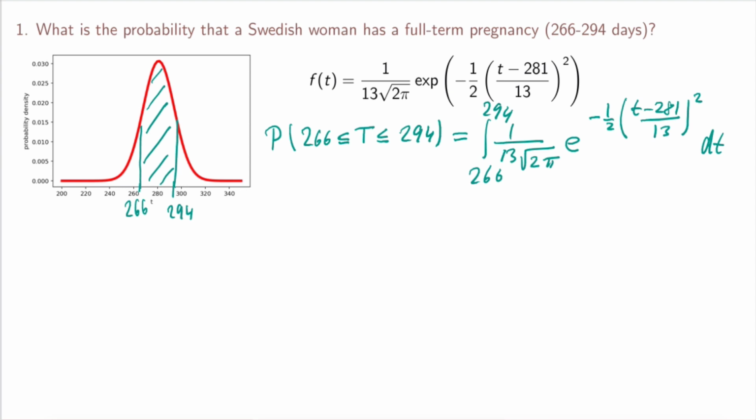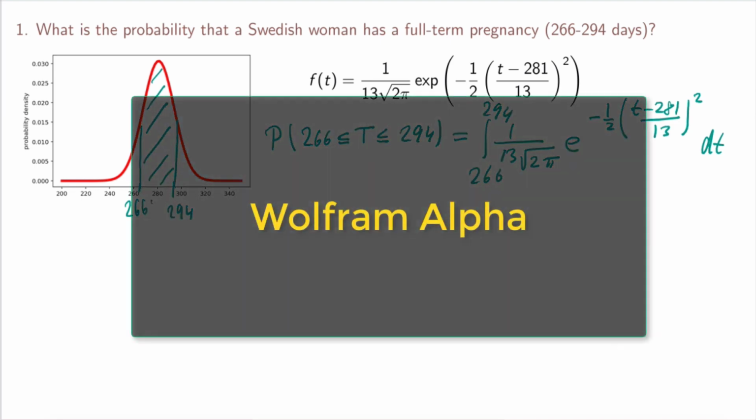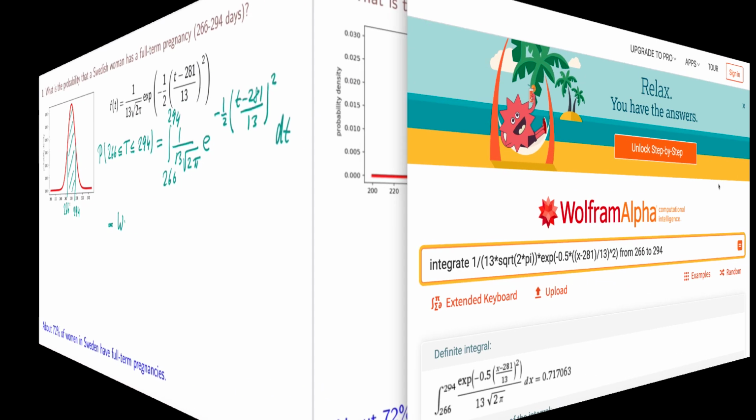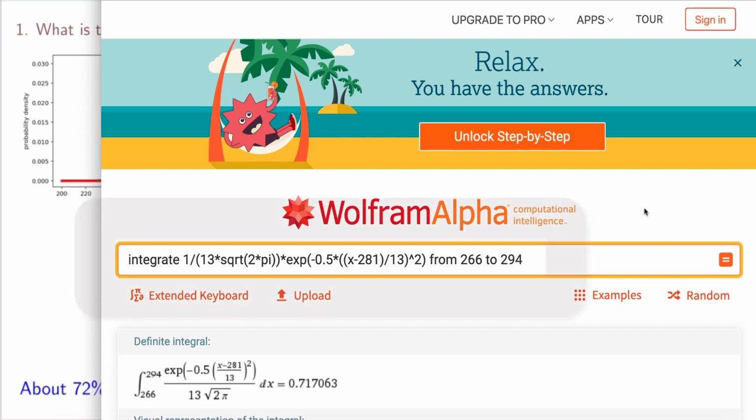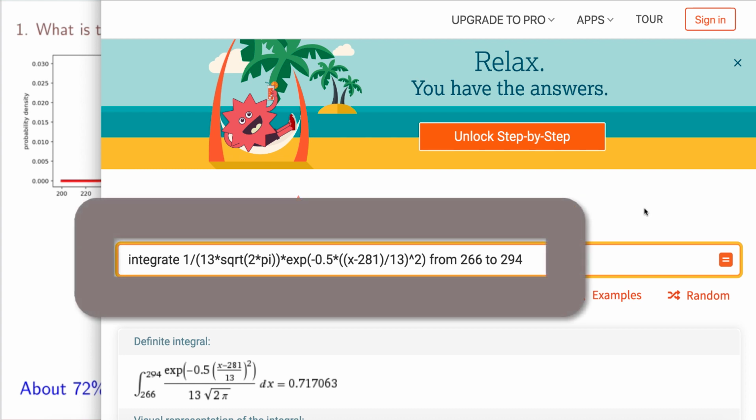So again, I'm heading over to Wolfram Alpha. Here I just write integrate 1 over 13 times square root of 2 pi, closing brackets, and then the exponential of minus 0.5 times the x minus 281 over 13 squared, and then integrate this from 266 to 294. You just type it in like this in one line.